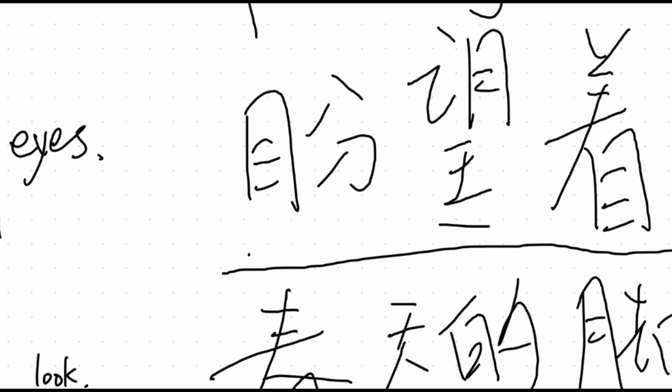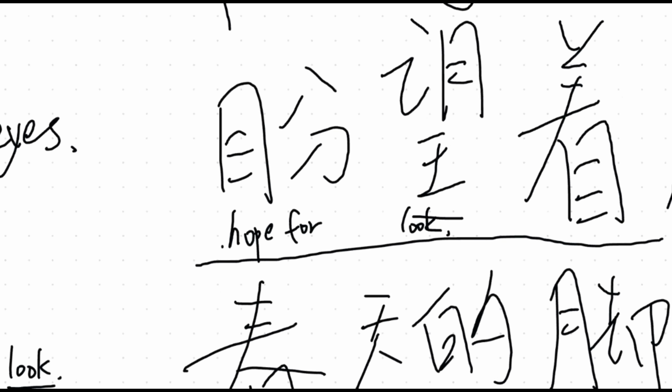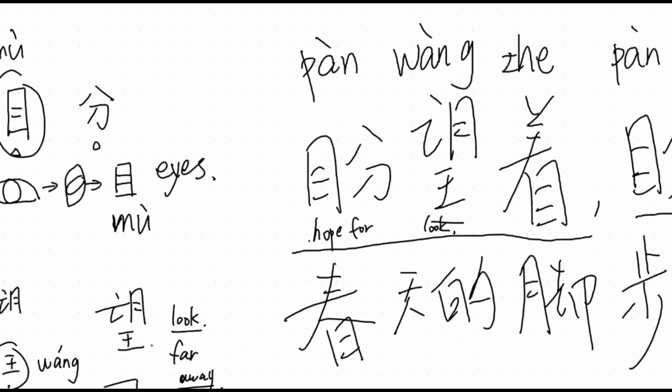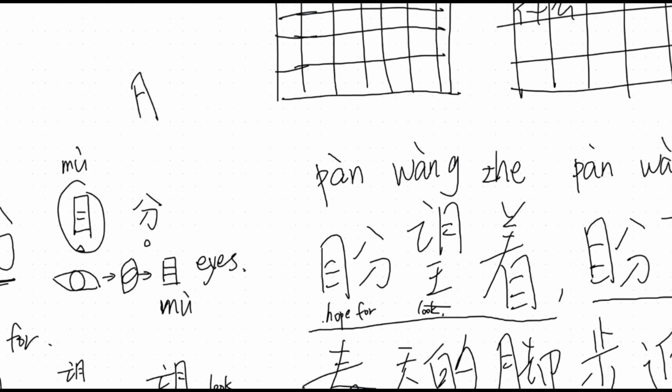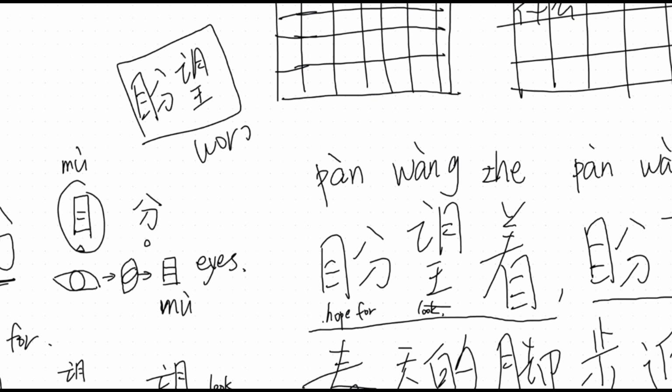The meaning of the first character? Hopeful, right? Yeah, hopeful. And the second is to look. So when these two characters came together, 盼望 become a word. 盼望.